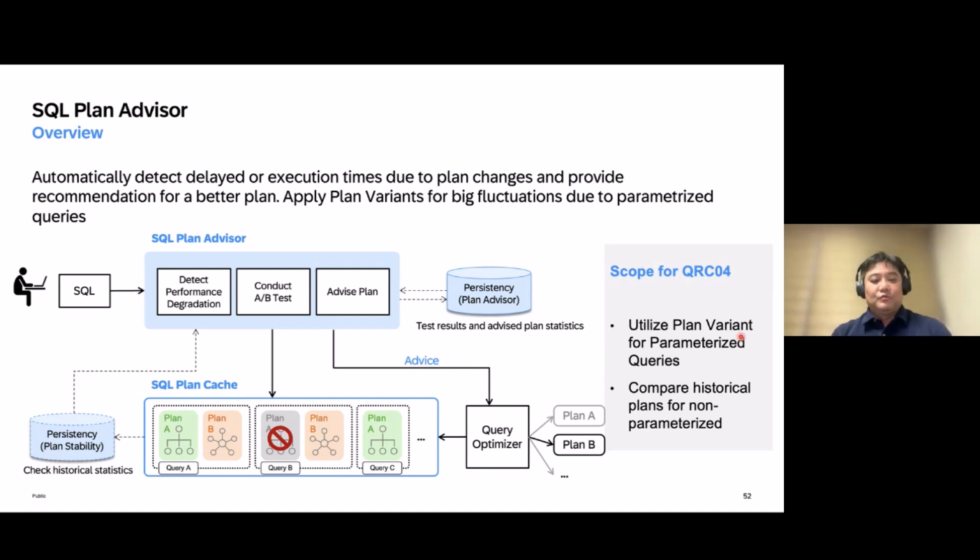Then we test if it's actually improving the performance, and if it does, we keep it in plan variant, and if not, then we go back to the current plan. So that is what is being released as of QRC04.